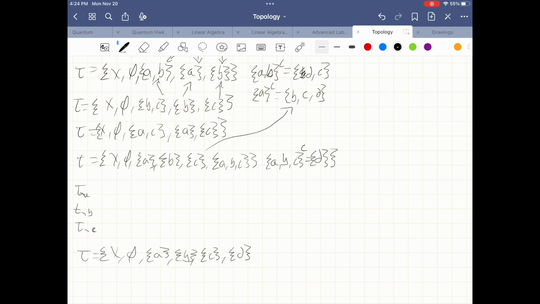Oh, sorry. Before I move on to this one, in this topology, I forgot to write the individual unions of the sets, which would look like: we have the set of A and B, then we will have the set of B and C, and then we would have the set of A and C. But similarly, we see that the complement of AB, for example, is C and D, which is not included in this topology and would mean that C and D is closed.